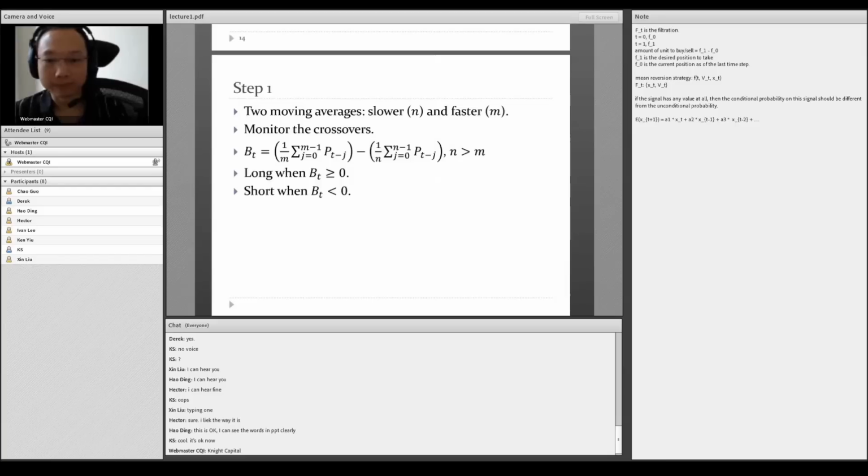This step is the cornerstone of all the analysis you're going to do. It provides you with the equation that you can use in step 2, and the equations you can use to do analysis in step 3. So this step is the cornerstone of the entire quantitative trading research process.